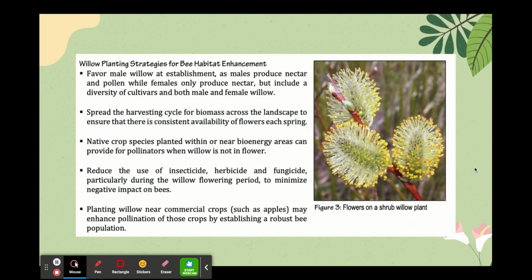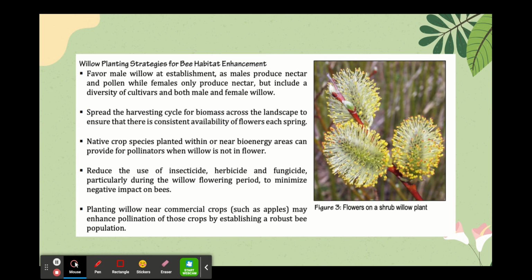Okay. So you're going to be reading a study, and this is part of this study. But this is called Willow Planting Strategies for Bee Habitat Enhancement. So these bees need to have something again year round to pollinate.